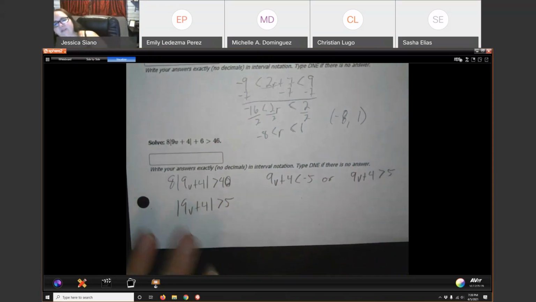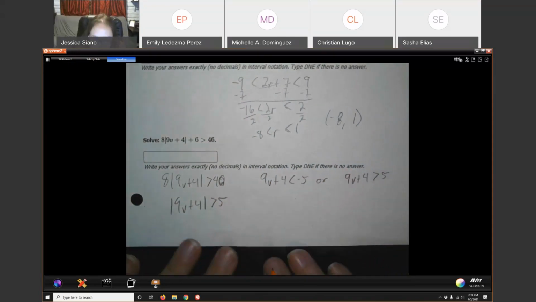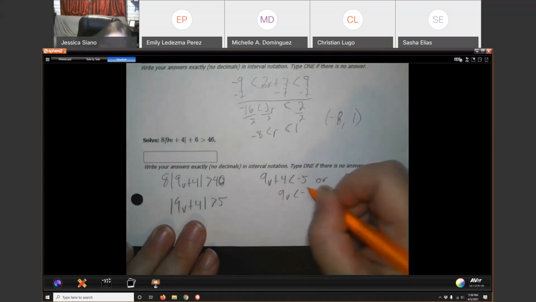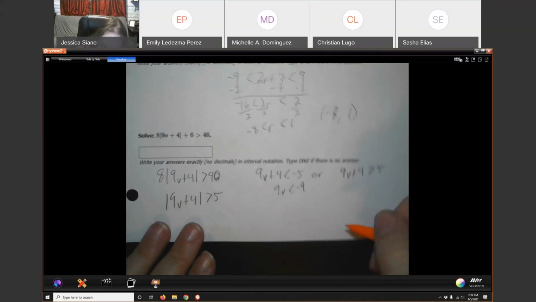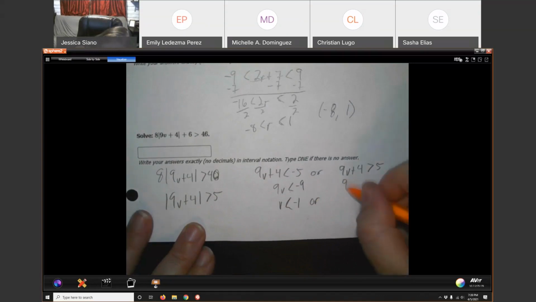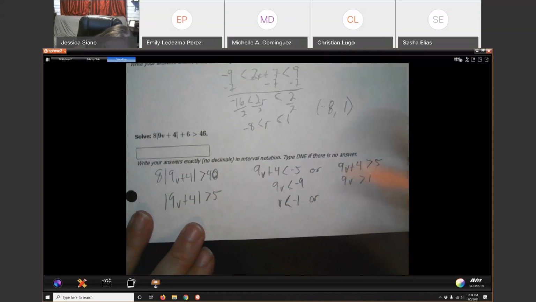And then you keep it for the other one. You solve each one of these separately, so I'm going to subtract the 4 and divide by the 9. Same thing over here, subtract the 4 and divide by the 9.